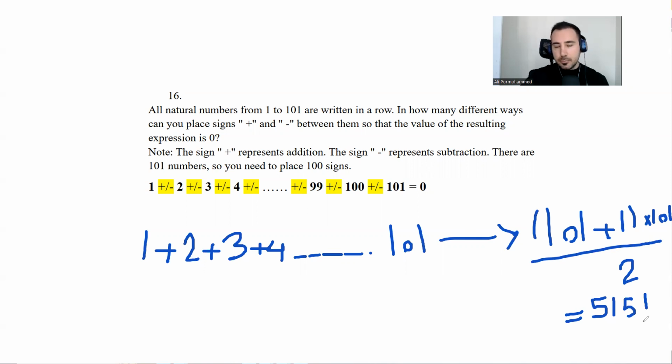Okay. And now, let's see. We want to, from here, start changing these positive numbers into negative numbers, right? So for example, this 4 is a plus 4.